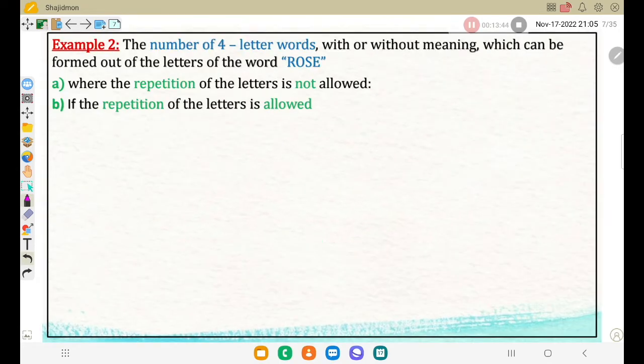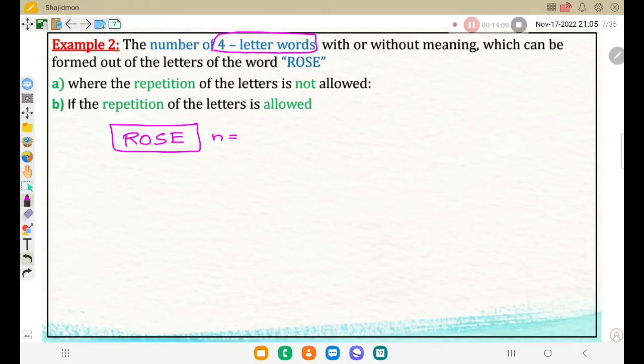Now you can see the second example, example number 2. The number of 4-letter words, with or without meaning, which can be formed out of the letters of the word ROSE. What is our word here? ROSE, correct? How many letters are there totally?